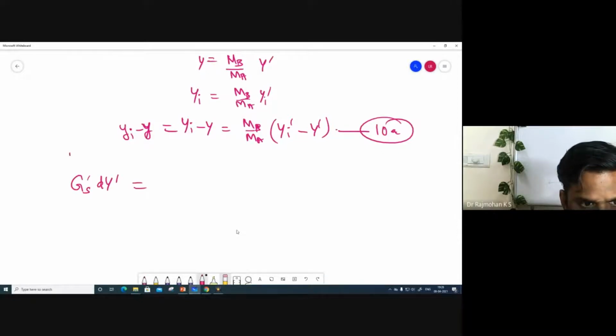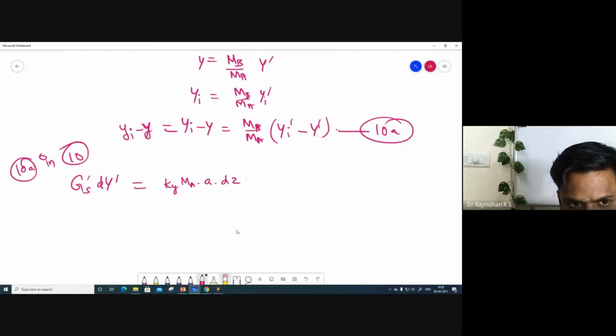Substituting 10A in 10, what we get is Gs dash dy dash equal to the right hand side term ky Ma into a into dz into (yi minus y), for which we can substitute MB by MA into (capital Yi dash minus Y dash).